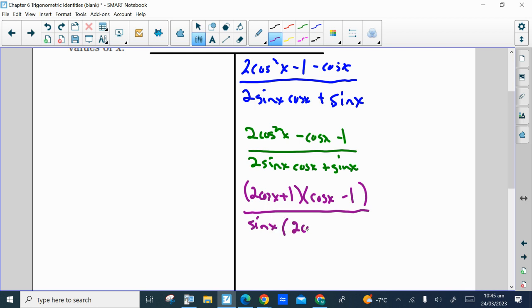And if you take it out, you'll get 2 cos x plus 1. And now we have a factor of 2 cos x plus 1 on both the top and bottom. They will cancel, and we are left with cos x minus 1 all over sine x.